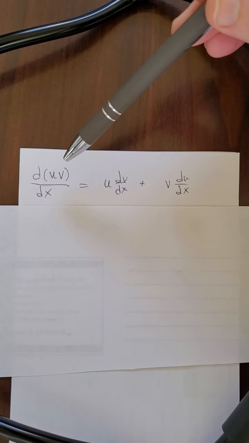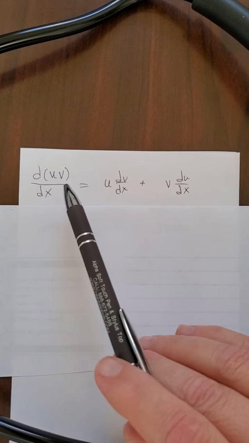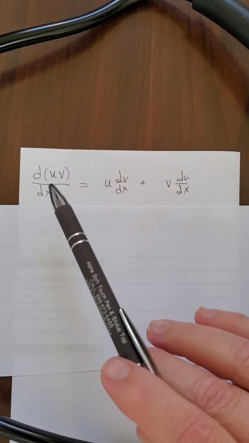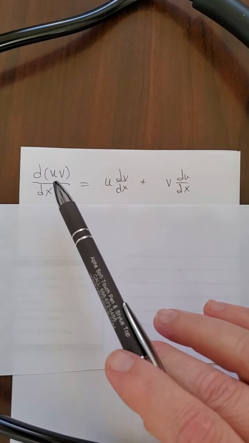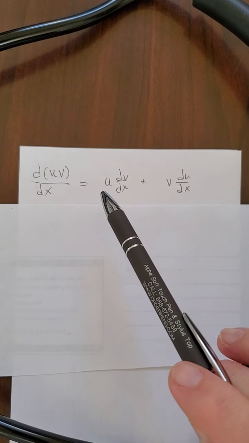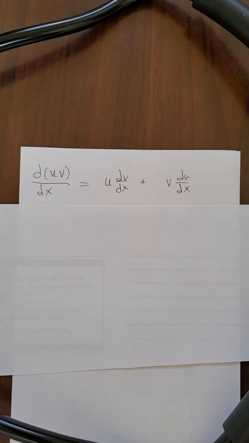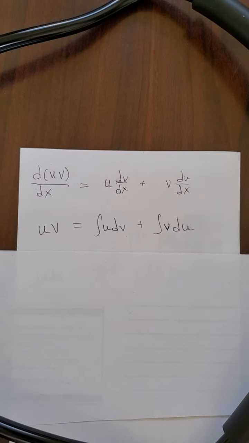So I'm going to start with something we know from calculus, the product rule. The derivative of a product uv, where u and v are both functions of x, is equal to u dv/dx plus v du/dx. That we know from the product rule. And now I'm just going to integrate both sides.